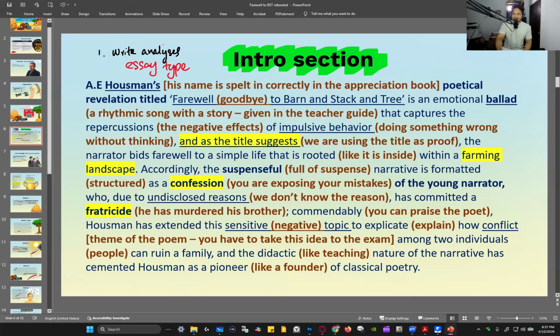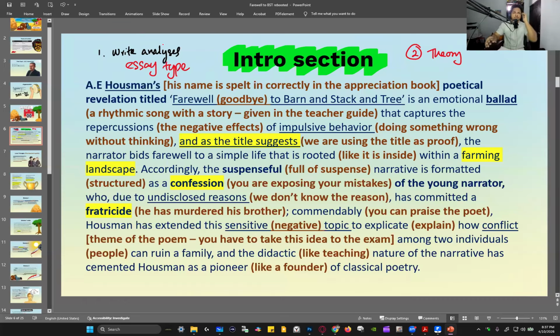In the O-level exam, you must write 4 analyses: 1 for poetry, 1 for prose, 1 for drama, and another 1 for the novel. So you need this intro section if you plan on writing an analysis for Farewell to Barn and Stack and Tree.